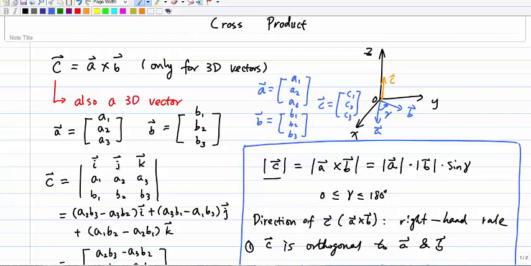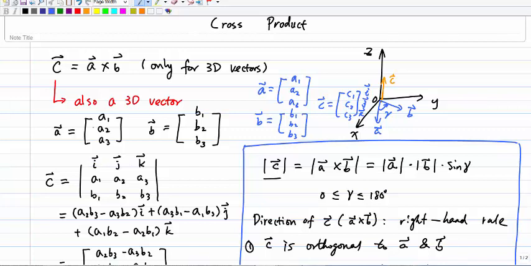The first row will be the i, j, and k vectors: this will be i, this will be j, and this will be k.